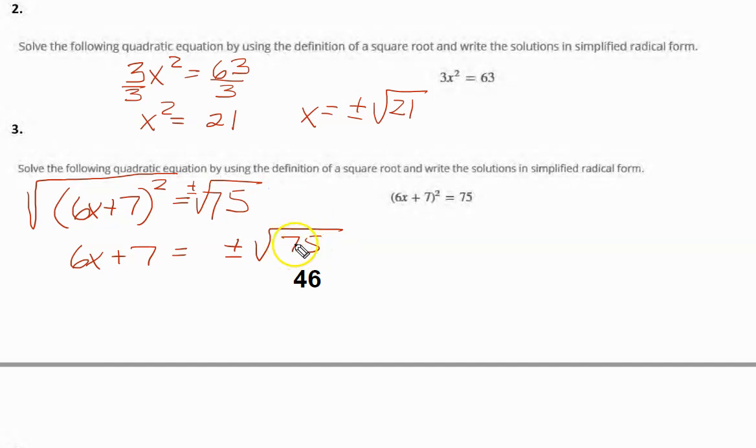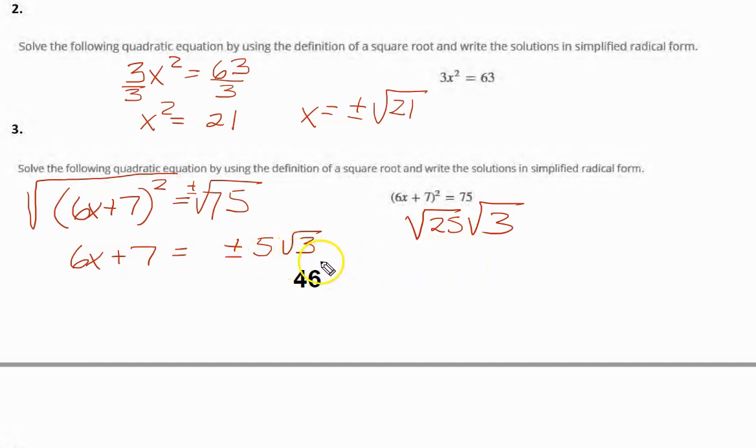Now, let's simplify this a little bit because this is, you recall, the square root of 25 times the square root of 3. So I'm going to change this now to make it a little bit simplified here. So the square root of 25 is 5, the square root of 3.